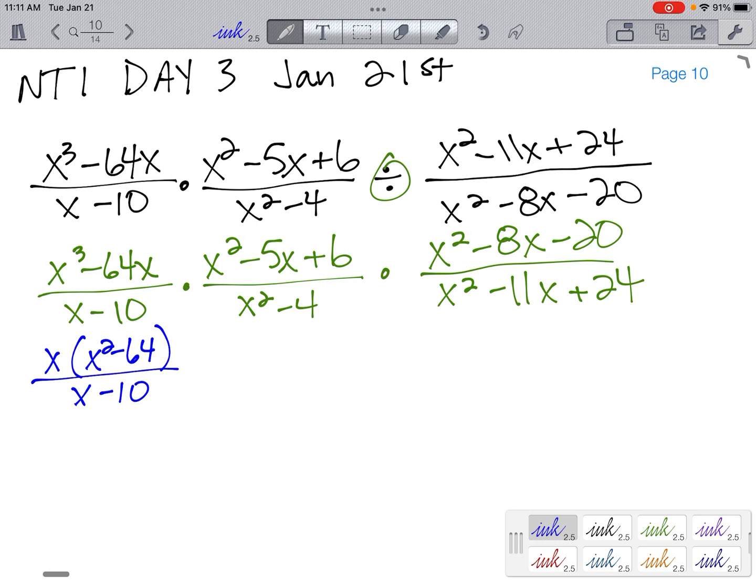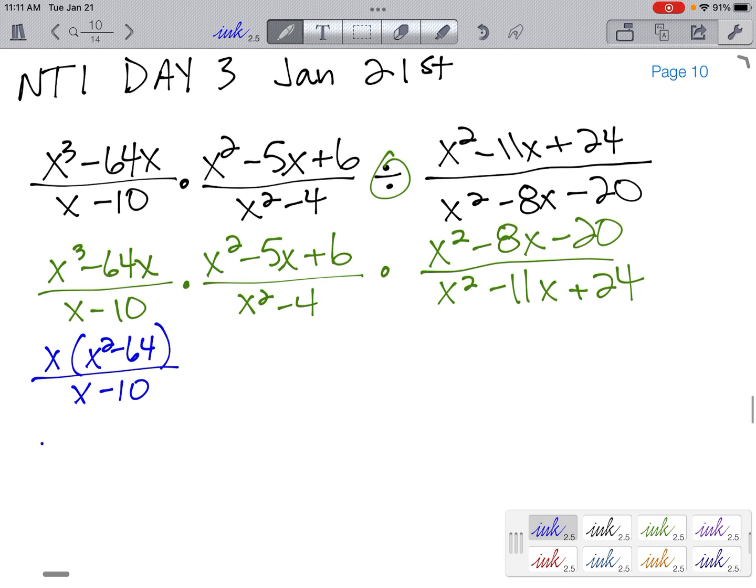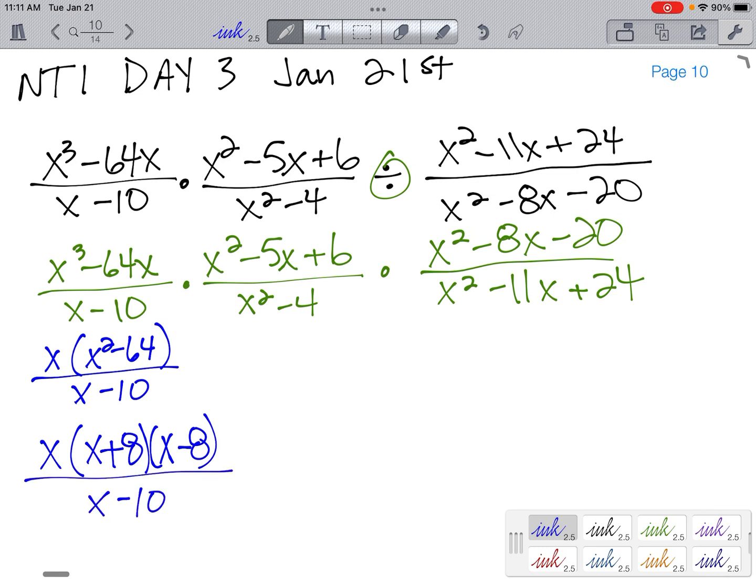I know that I can still factor this numerator. x squared minus 64 is a difference of squares. We can take the square root of both of those. The square root of 64 is 8, so we're going to have x plus 8 over x minus 8. And our denominator is already factored, so we don't have to do anything there.